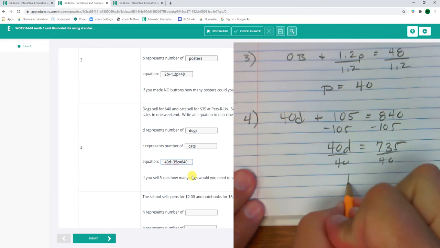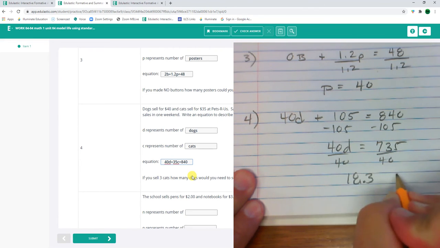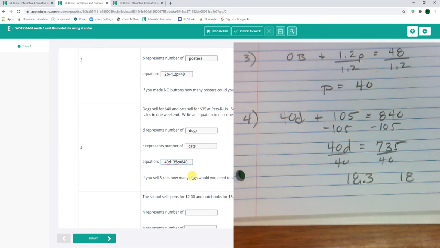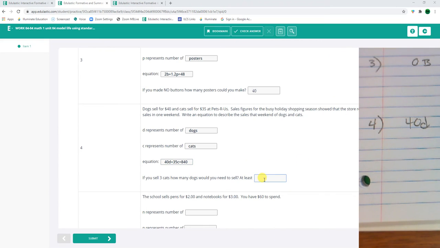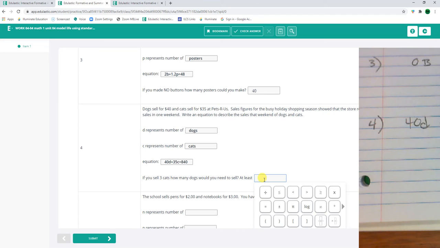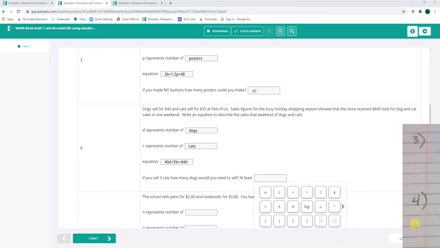So 18.3, and I'll round that down to 18 because it says to round it down. What for dogs and cats?